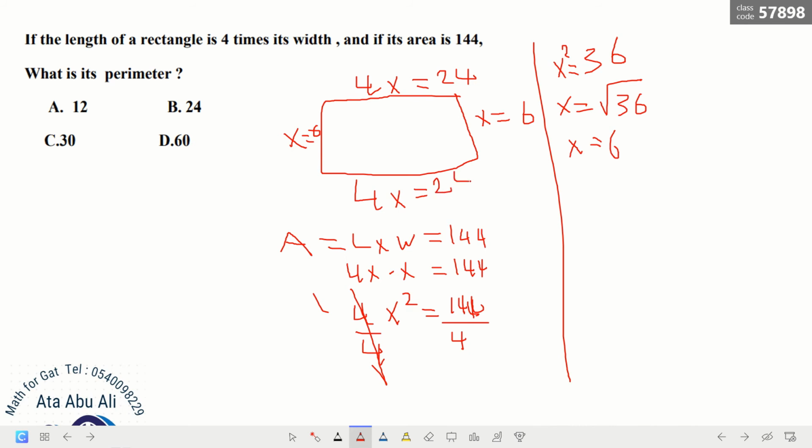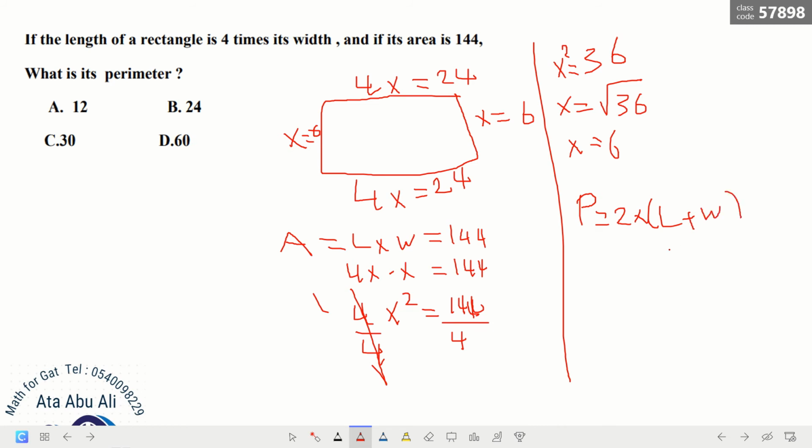To find the perimeter, you have to add all of them. That means the perimeter of the rectangle is equal to 2 times length plus width.